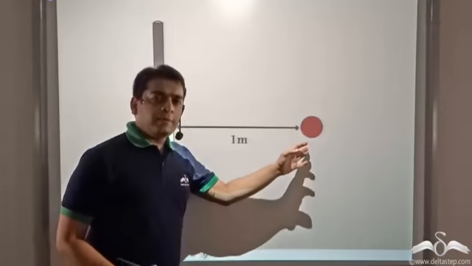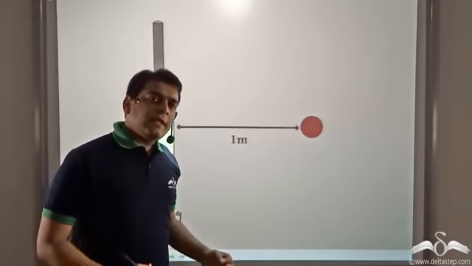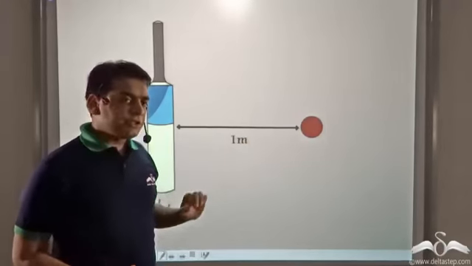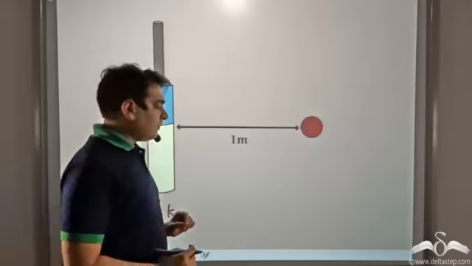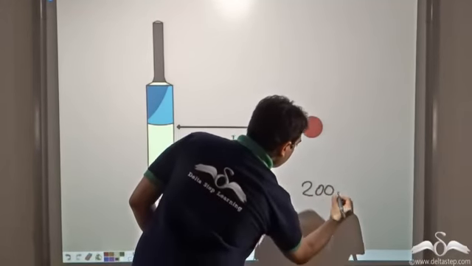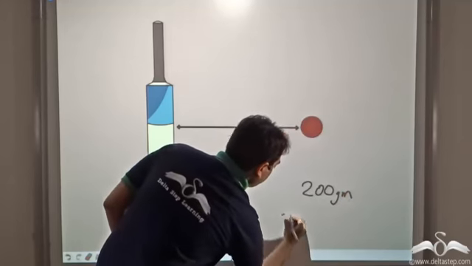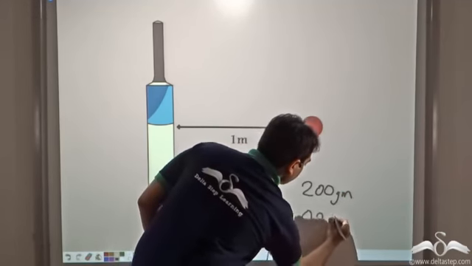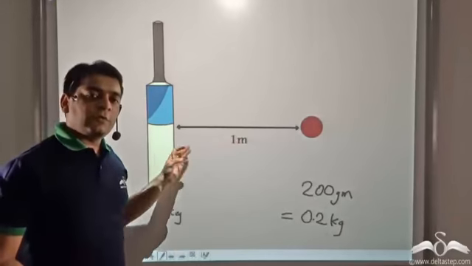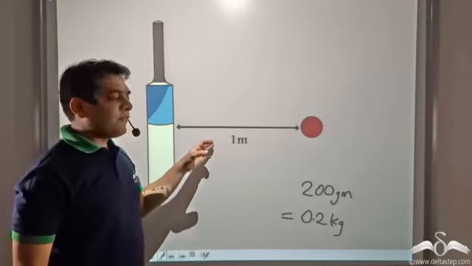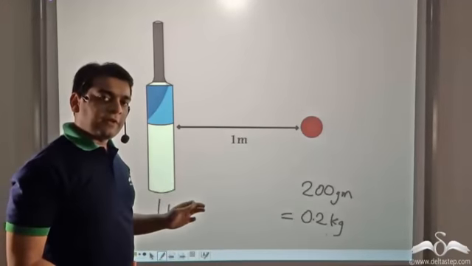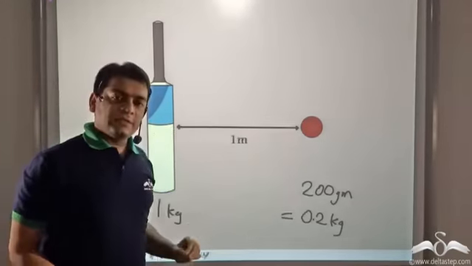The mass of a cricket ball is approximately 160 grams. For calculation purpose, let us assume it to be 200 grams, or equal to 0.2 kg. And let us assume that they are at a unit distance from each other. That is at a distance of 1 meter from each other. So let us find the gravitational force of attraction between this bat and this ball.